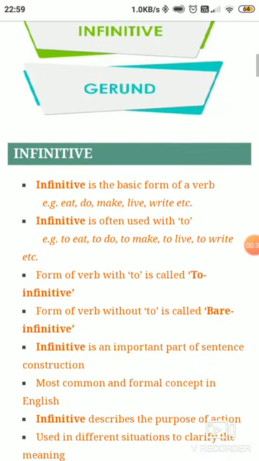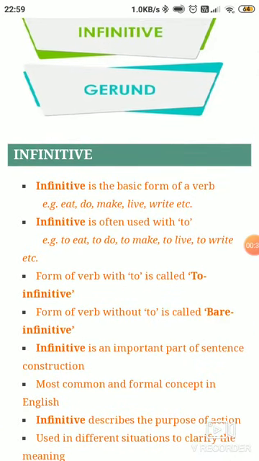Now first have a look at the definition of infinitive, then we'll try to solve the examples of infinitive and transform that infinitive into gerund form, and then after that we'll deal with gerund along with a few sentences as well, children. So let's begin. Infinitive is the basic form of a verb.